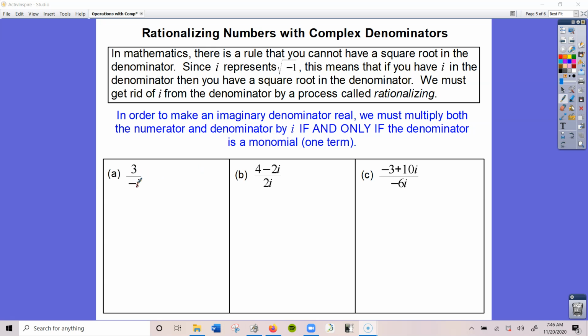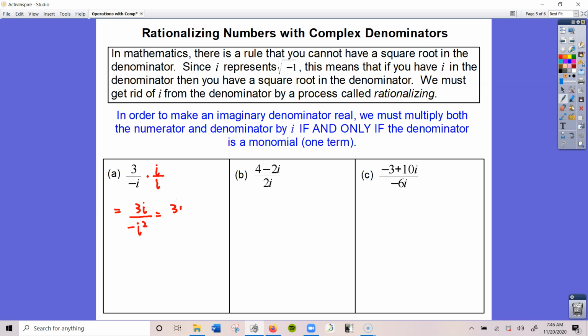So we only have a purely imaginary number in the denominator. Now how we turn that into a real number is you're just going to multiply i over i. Anything divided by itself is 1. So really all I'm doing here is multiplying by 1. I'm not actually changing my number, I'm just changing what it looks like. So when we multiply i over i, what we get is 3i over negative i squared.